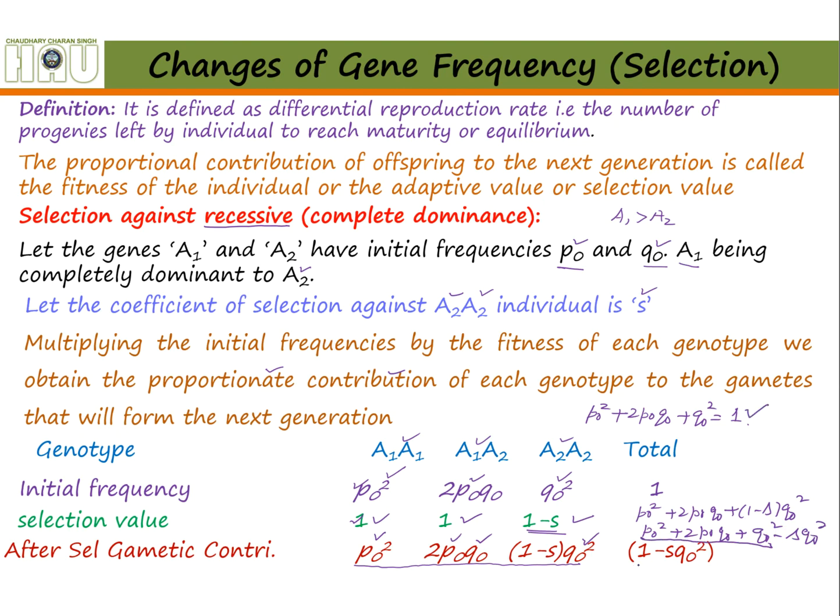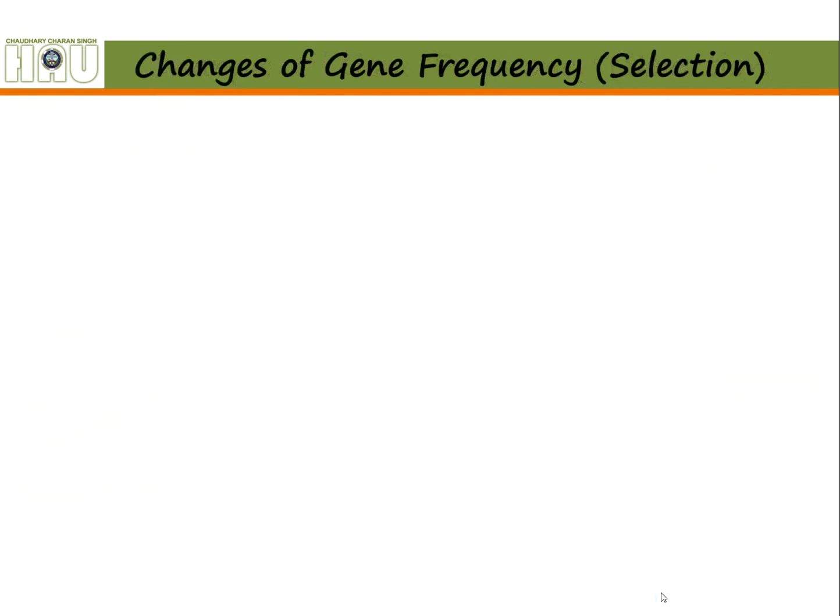Now the first three terms are equal to 1, as I have already said. So ultimately I will get 1 minus sQ0 square as the total of all the contributions of A1A1, A1A2 and A2A2.